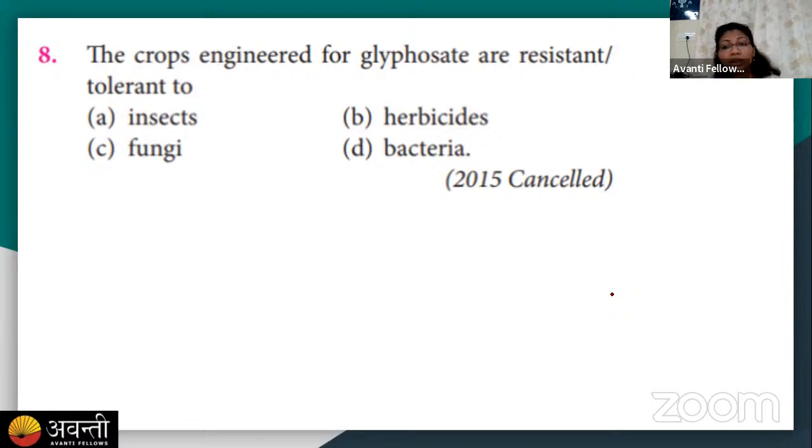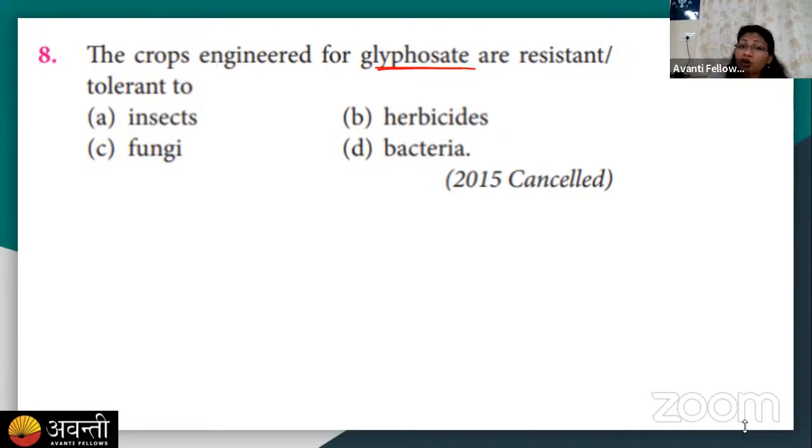Now we are talking about the crops which are resistant to glyphosate, right? Glyphosate is a chemical compound which restricts the growth of a plant, right? So option A, insect, B, herbicide, C, fungi, and D, bacteria. Now you have to find out your answer. Okay, now you can feed your answer in this poll.